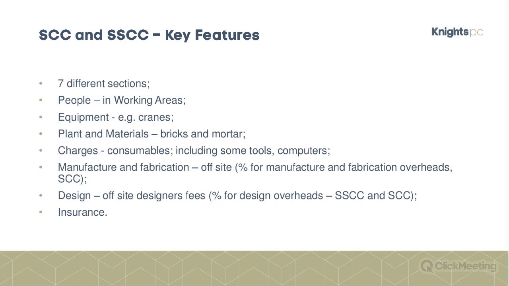Next one is any manufacture and fabrication. That's off-site manufacture and fabrication. Probably unlikely that you are going to be involved in that unless you are involved in some manufacturing construction work. The next one, the penultimate one, is design.